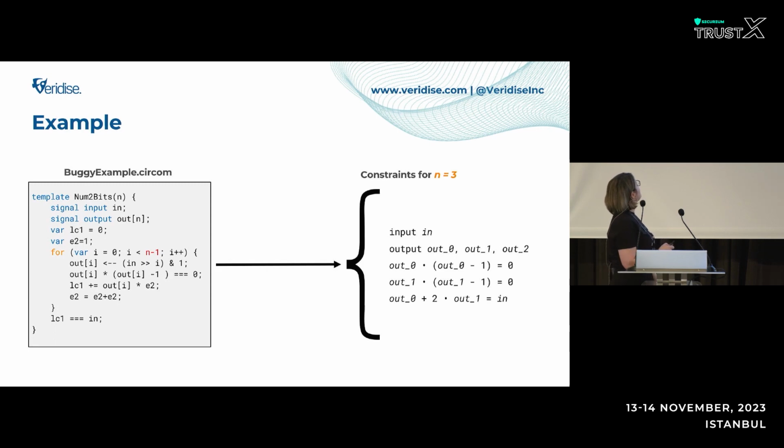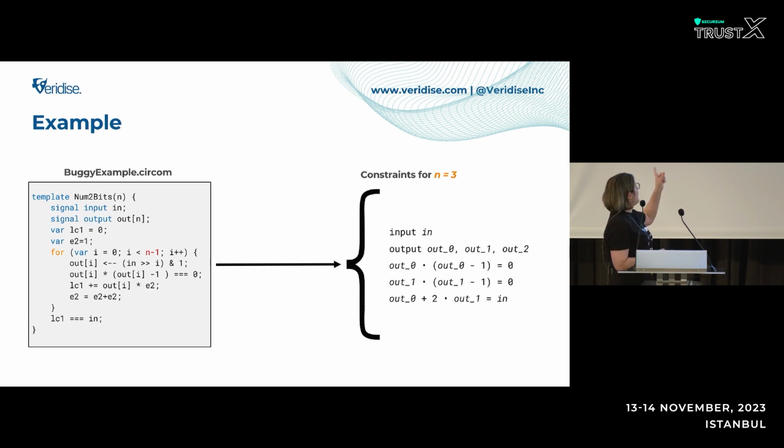Now let's have a look at an example, again in the Circom DSL. This is an intentionally buggy snippet of code. What you see in red is where the bug is located.